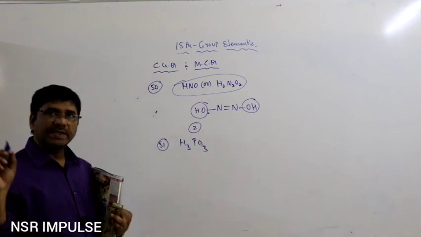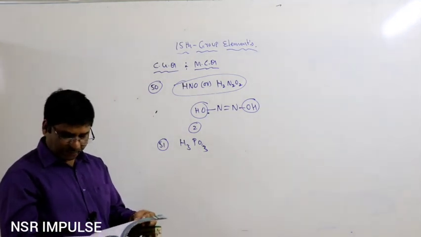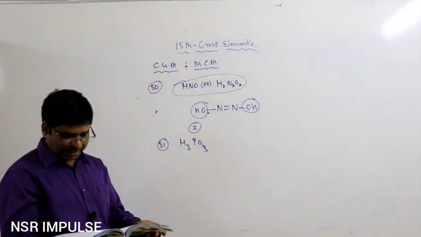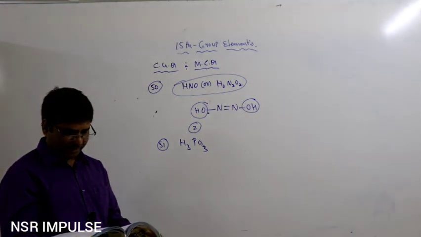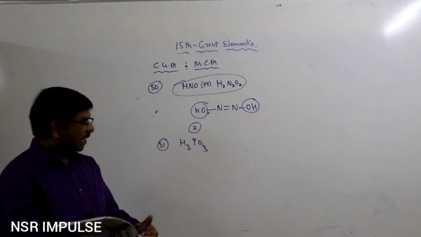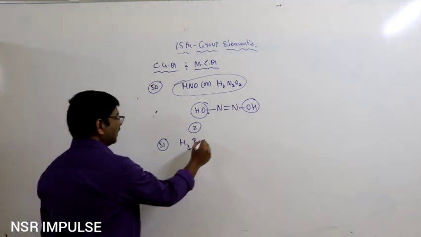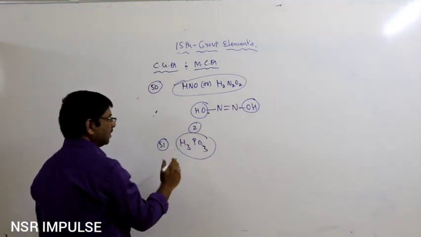Phosphoric means H3PO4. He wants the oxidation state of phosphorus, which is plus 3. First one is orthophosphorus acid. Orthophosphorus acid formula is H3PO3. In this, how much is possible?